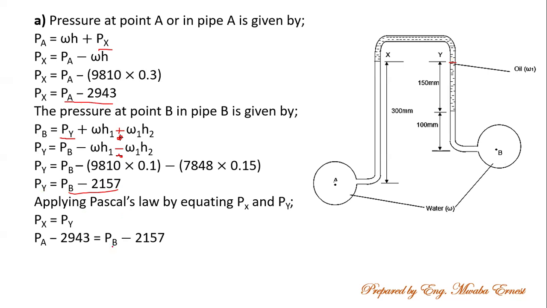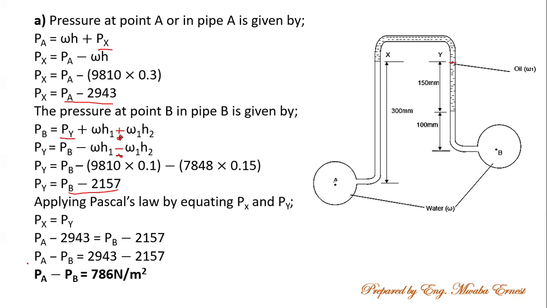This can cross the equal sign just as this can also cross. That gives 2943 minus 2157 on one side, and PA minus PB on the other. So you get the difference as 786 newtons per square meter. That is our answer.